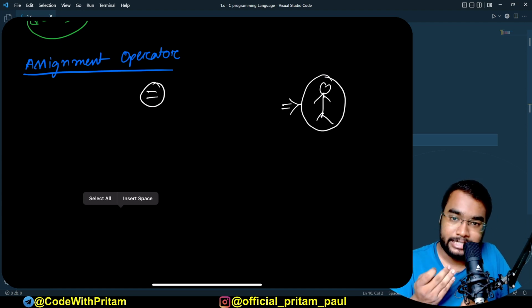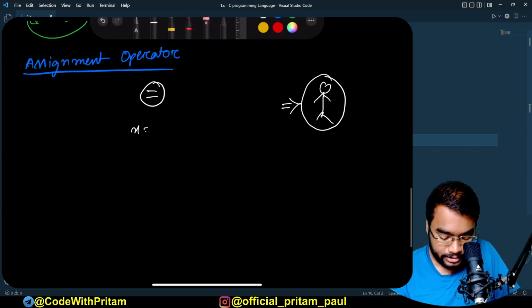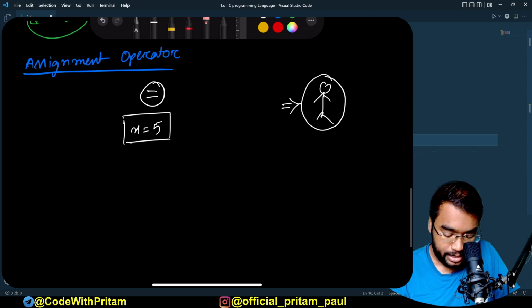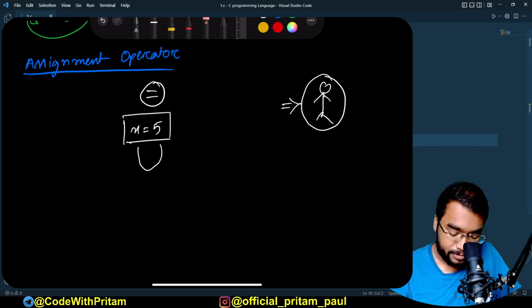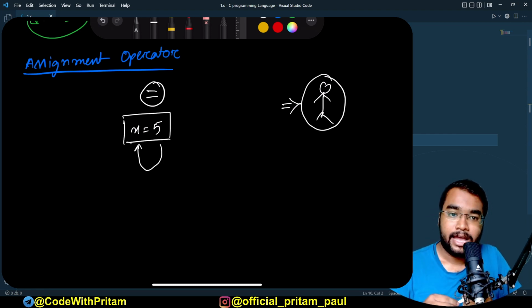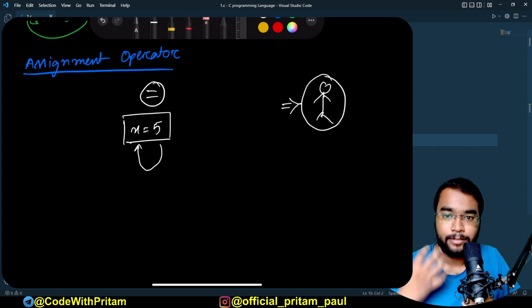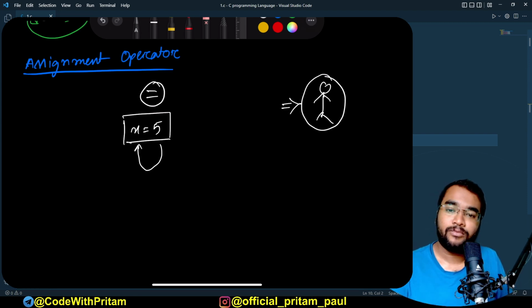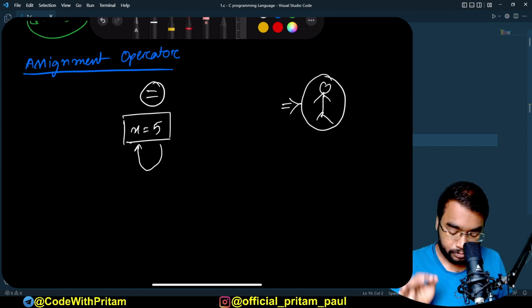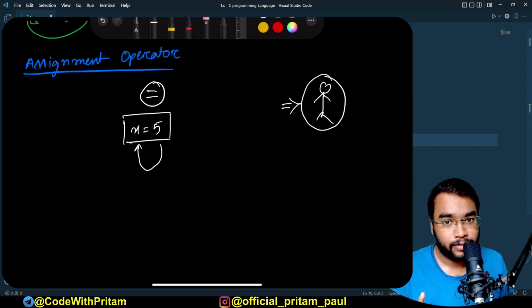In basic algebra you have seen x equal to 5, isn't it? That means the value 5 has been assigned to x. X is carrying the value 5 in the entire problem. In the same way, in C programming also, 5 is getting assigned to x. That means x equal to 5.